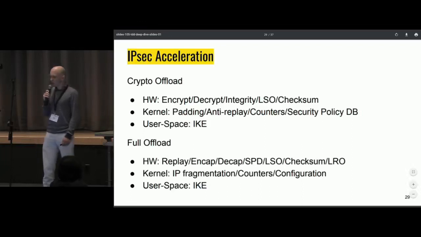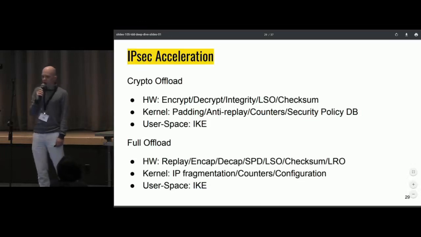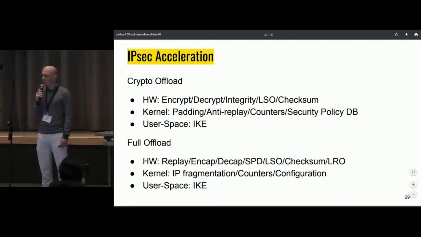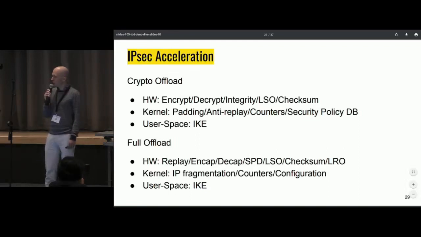It's worth noticing at this point that, on the one hand, this combines a number of different offloads which we've already discussed: the LSO, the segmentation offload, and the checksum offload. So if one is offloading the crypto, one also needs to offload those operations.